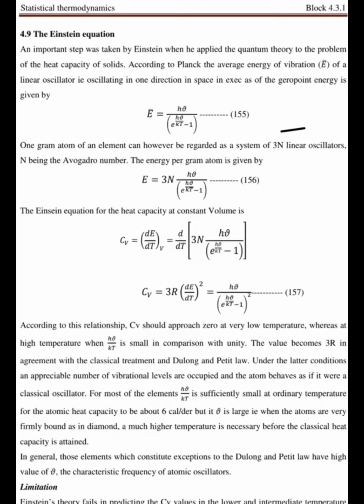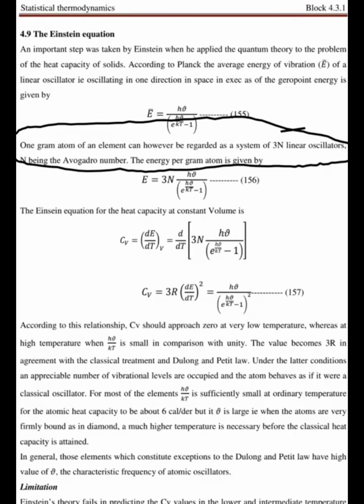One gram atom of an element can be regarded as a system of 3N linear oscillators, N being Avogadro number. The average energy per gram atom is given by E is equal to 3N into, that is equation 156.